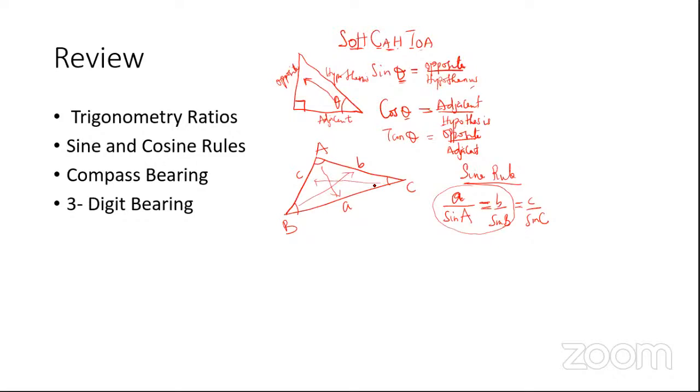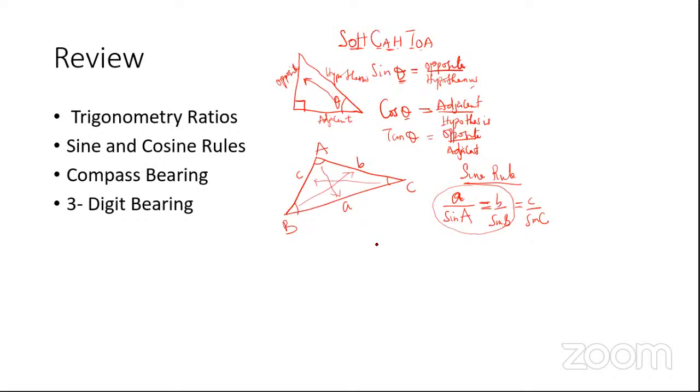You must have a side and its corresponding angle, or an angle and its corresponding side. That is where we can apply the sine rule. We have done some other examples the other time.